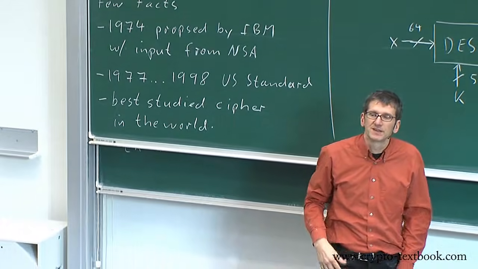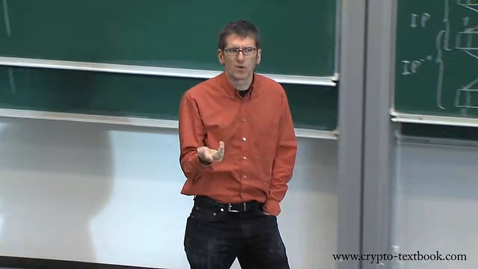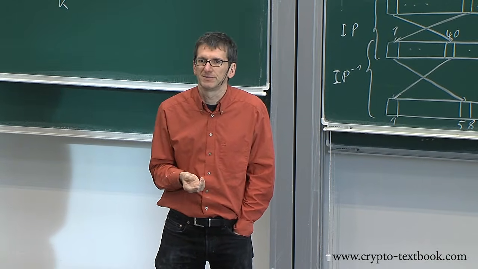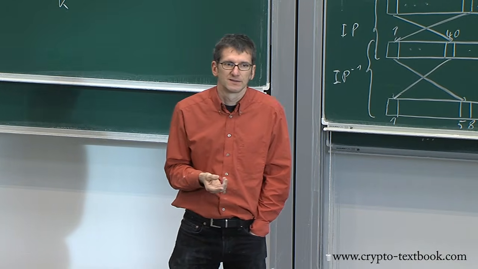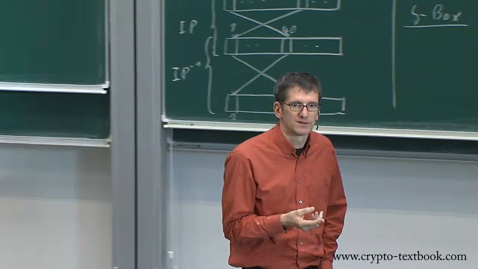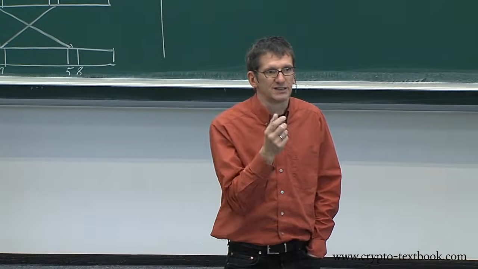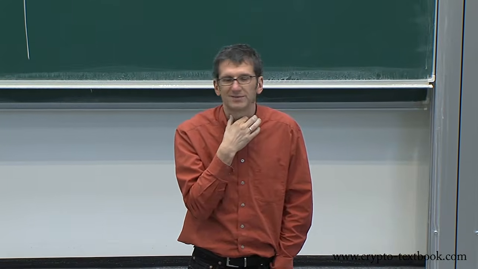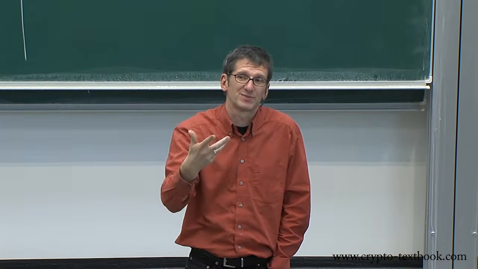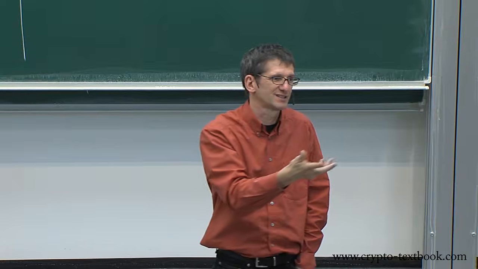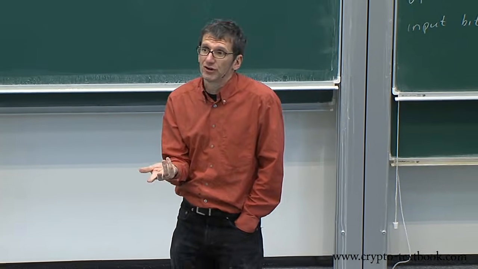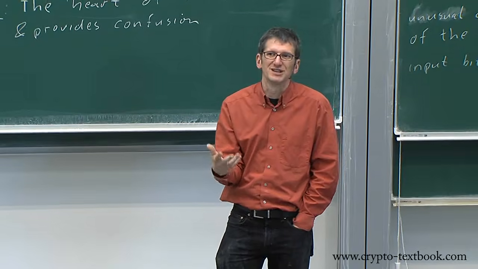together with the NSA. And does anyone know why people were worried about that? What is the worst thing that could have happened here? Yeah. So one said that you can wiretap, that there is a master key. What this is referred to is a backdoor, the Falltür, eine Hintertür.